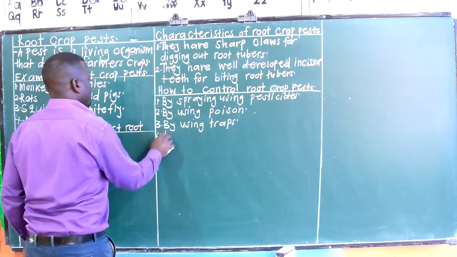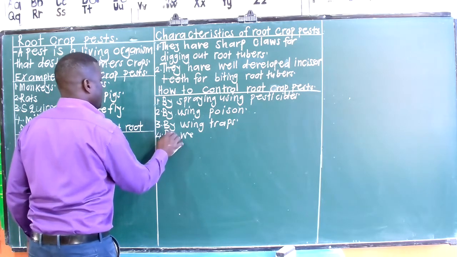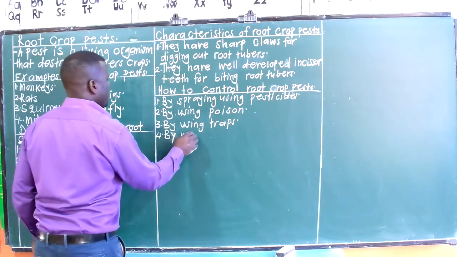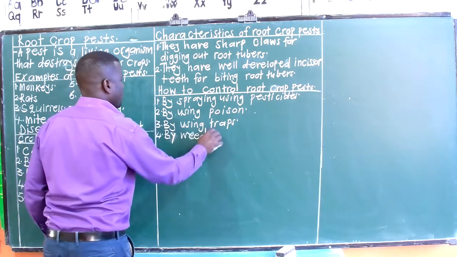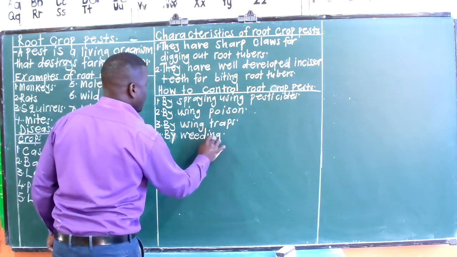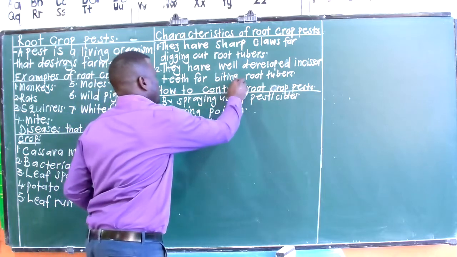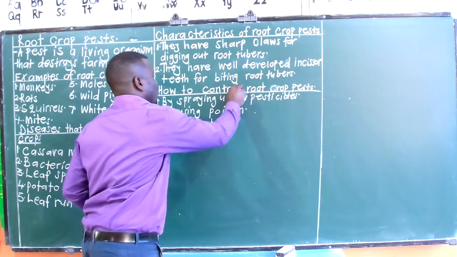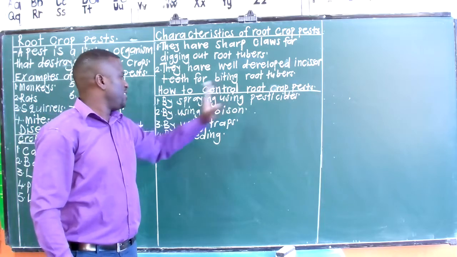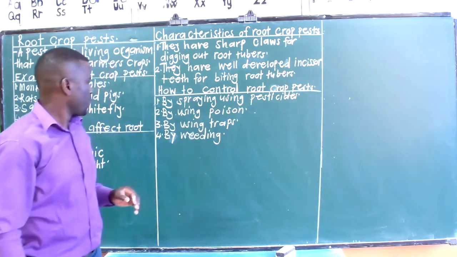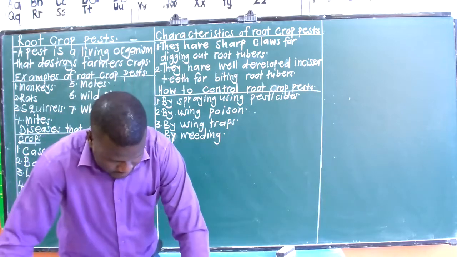Then number four, by weeding. So all these are different ways of controlling root crop pests. You can use pesticides, you can use poison, you can use traps, and you can also weed.